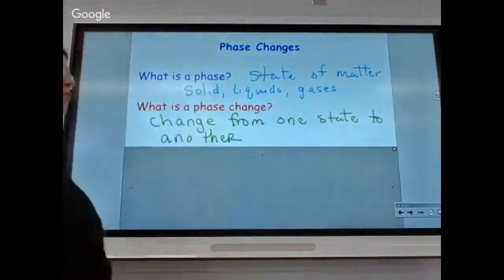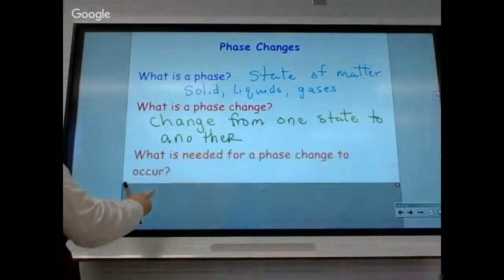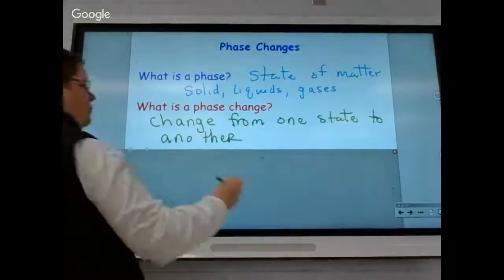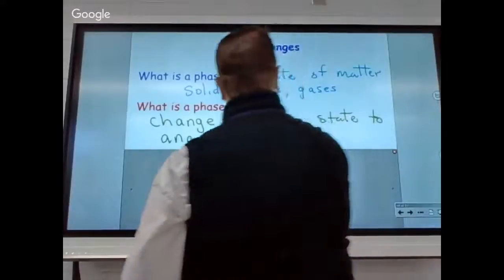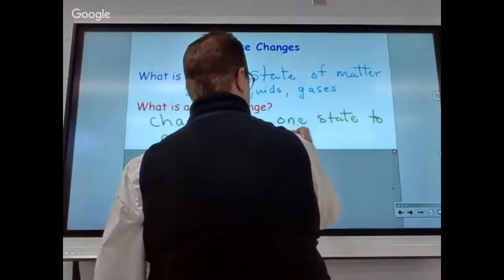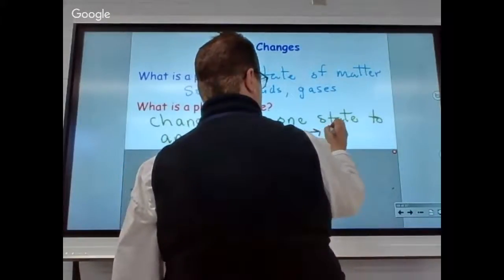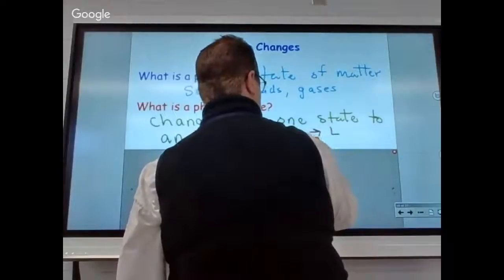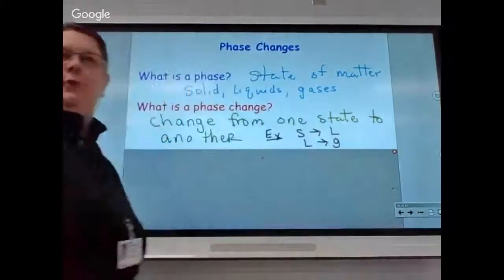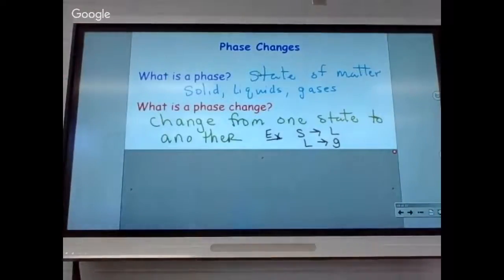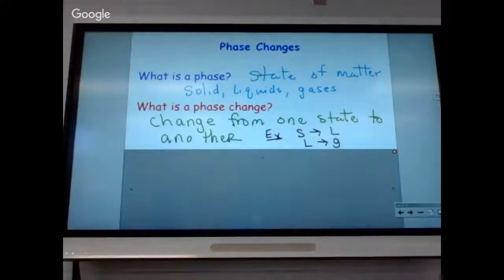As an example, I heard solids to liquids. I heard liquids to gas. Any of those are good. They're all good examples, and we'll talk about others.